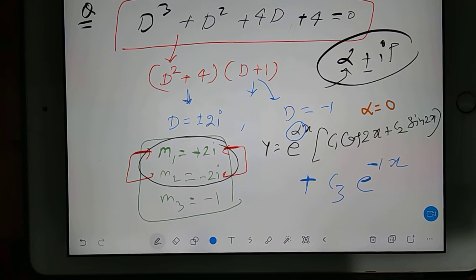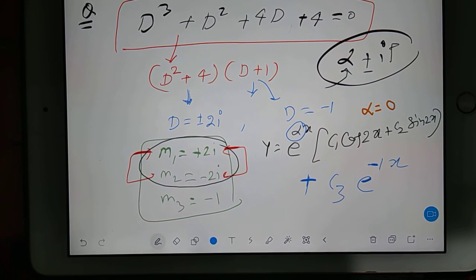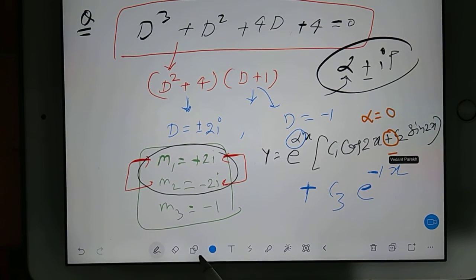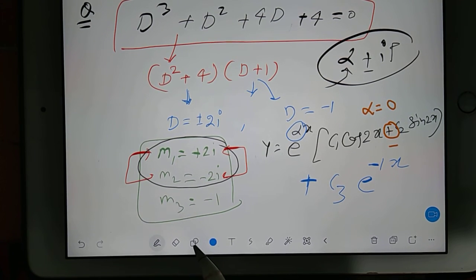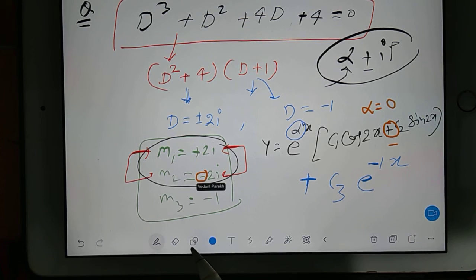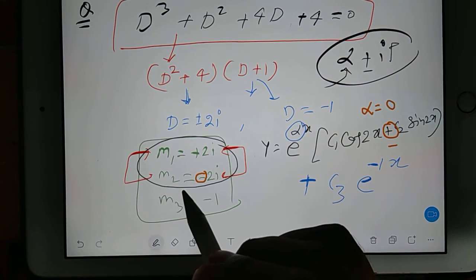There are 2 roots, they are complex conjugates. Alpha and beta. This sign does not matter.